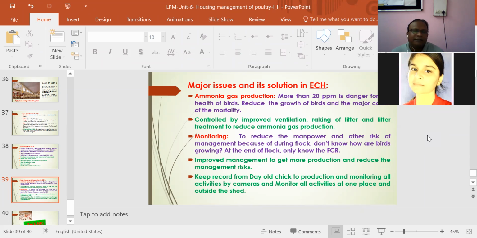They have to fit cameras in the shed, and the control room should be placed at one place outside the shed so that all the activity of the birds can be monitored: how birds are feeding, how much they are feeding, which birds are sick, whether there is any fault in the watering system or feeding system, or empty feeders. So we should monitor from the control room through the camera. These are the major issues: one is ammonia gas production and the second is monitoring.